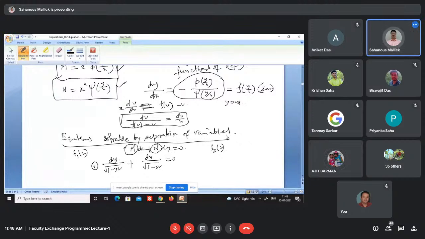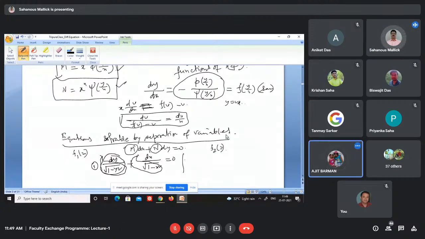Here we see that here is dy and this is a function of y, and here is dx and this is a function of x. So these are separated variables, and by integrating we can solve these types of differential equations.